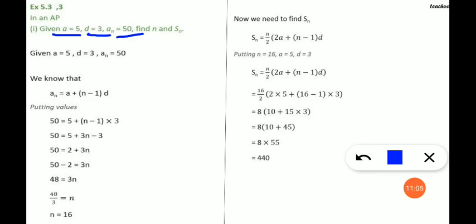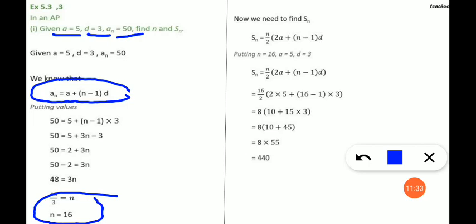So we know that whenever first term, common difference, and last term are given, if we apply the formula an is equal to a plus (n minus 1)d, we can easily get the value of n, because the other three things are known to us. So after substituting the values in the formula, we get n is equal to 16.